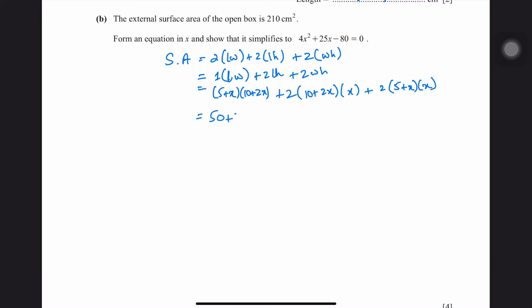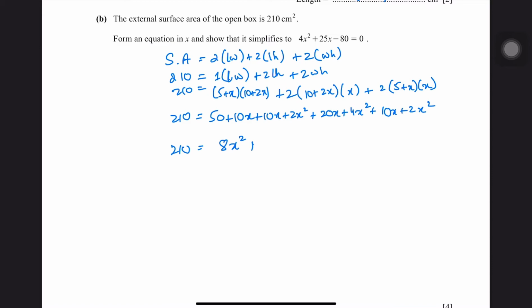So this question is basically just expansion. I get 50 plus 10x plus 10x plus 2x squared, plus 20 into x gives me 20x, plus 4x into x gives me 4x squared. Then 10x plus 2x squared. So I get 8x squared equals 210. 8x squared plus 10 plus 10, 20, 20 plus 20 is 40, 40 plus 10 is 50.